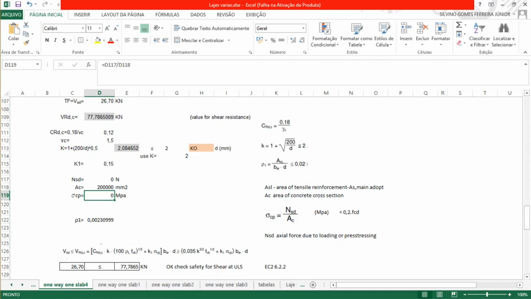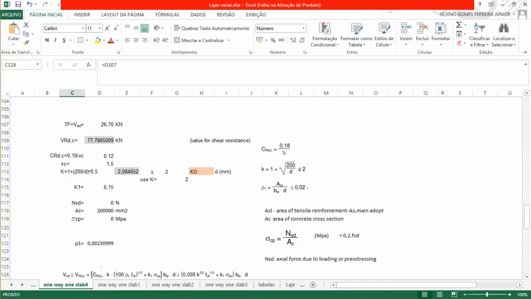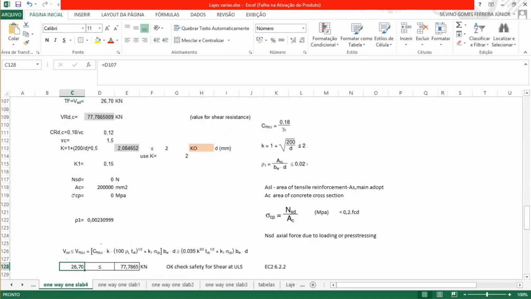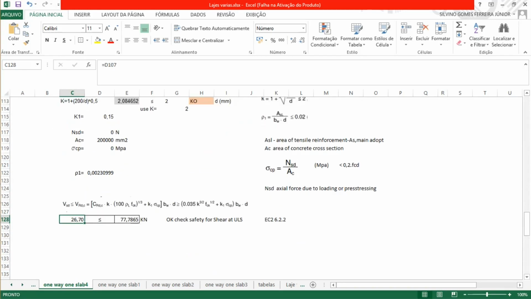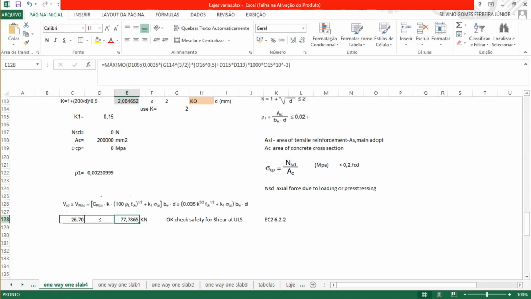And from this calculation, the shear calculated at the ultimate limit state, that was 26, has to be smaller than the resistant shear, that in reality is the maximum of this value here and this one.